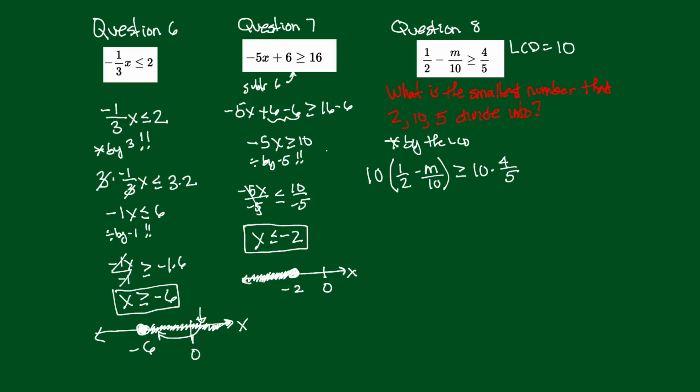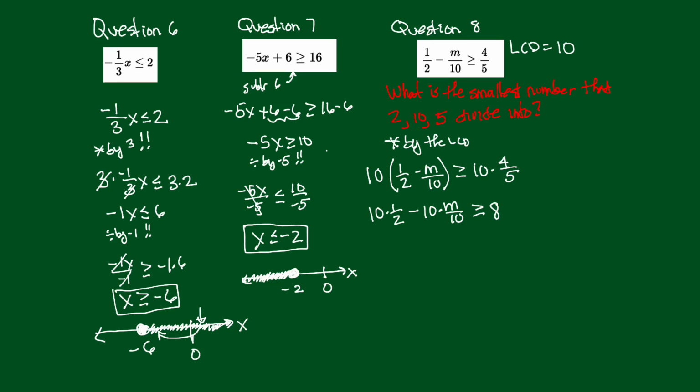On the left side, we need to eliminate those parentheses, so I'm going to multiply through using the distributive property. I get 10 times 1/2 minus 10 times m over 10, greater than or equal to, now just do this one. 10 times 4 is 40. 40 divided by 5 is 8. Or, if you like, 5 into 10 is 2, times 4 is 8.